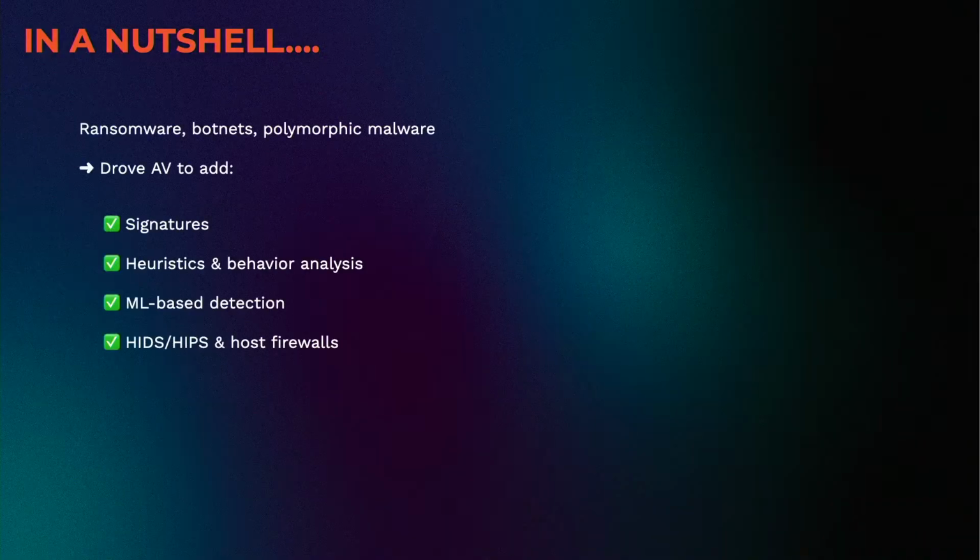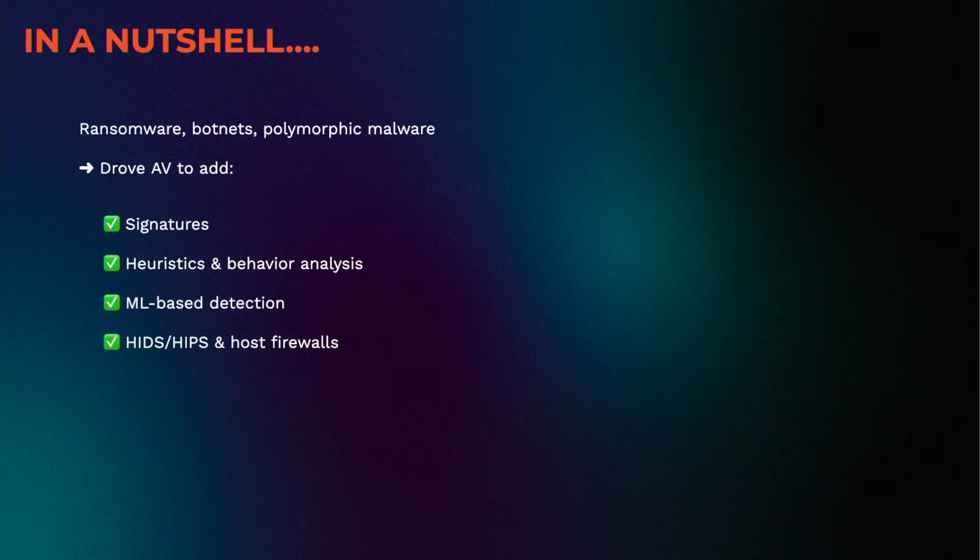Okay, so in a nutshell, we've grown so accustomed to antivirus, right? So antivirus has gone through a lot of innovation, if we can call it that, and that's been driven by what we're seeing in the endpoint security space from a threat point of view, right? So ransomware has been on the rise. We've seen botnets, we've seen polymorphic malware, and different malware family types as well, right? So it drove AVs to go beyond signature detections, right?